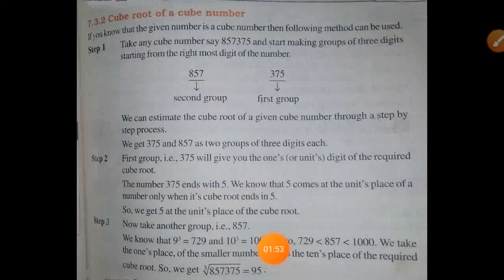So 729 is less than 857, and 857 is less than 1000. It means 857 comes in between 729 and 1000. We take the ones digit of the smaller number 729 as the tens digit of the required cube root. So we get the cube root of 857375 as 95, because in 729 the ones digit is 9. Like this we can derive the cube root of a cube number.